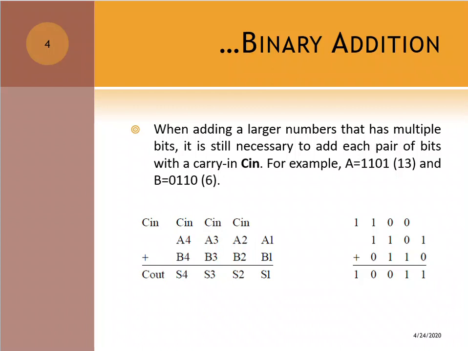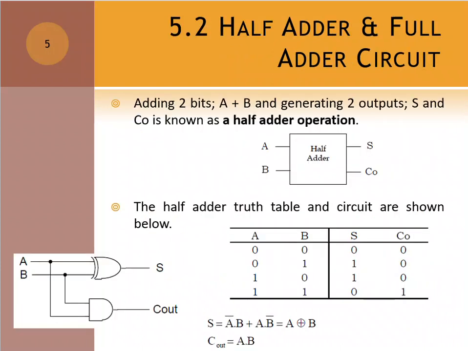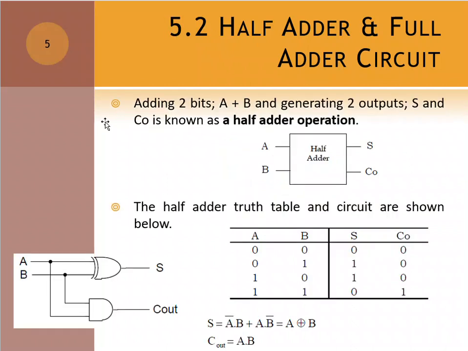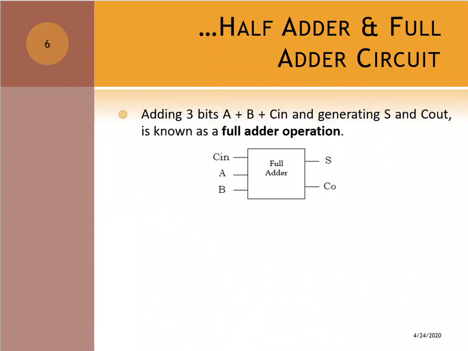If we do not consider C in, it is called a half adder. But if we consider C in, 3 inputs, it is called a full adder. So basically the diagram will be the same, just with one more input, which is C in. That is the difference between half adder and full adder.